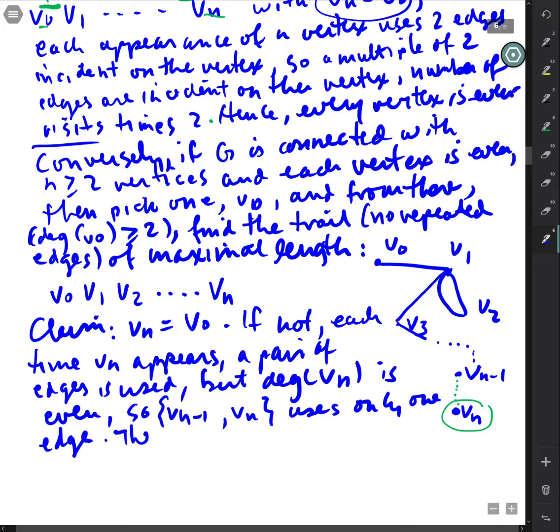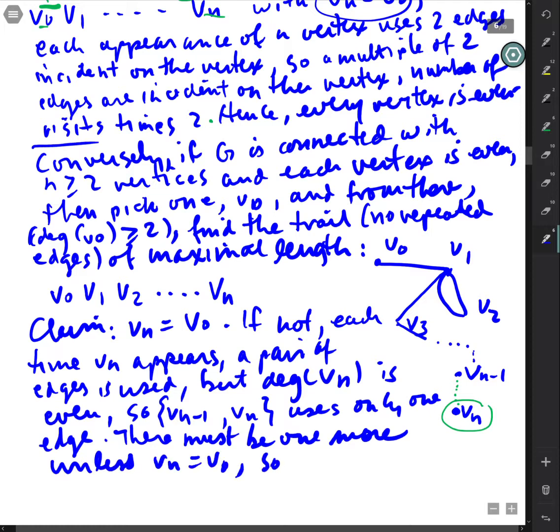There must be one more, unless Vn equals V0. So this must be the case. Because if there is one more, then we can still go on further. If there were another edge there, we could continue on, but there must not be, so it must be V0. This must be the case, like so.